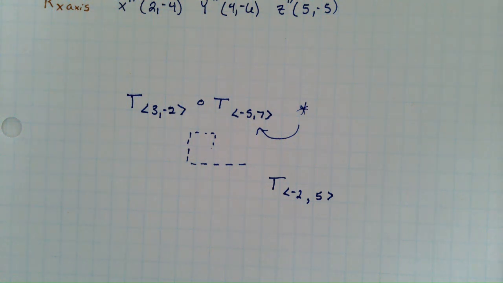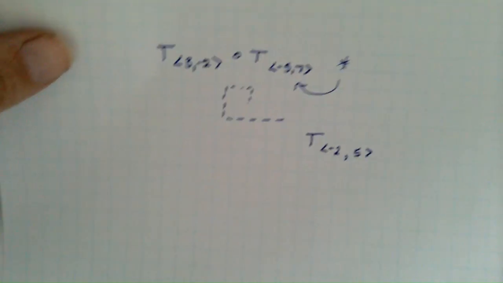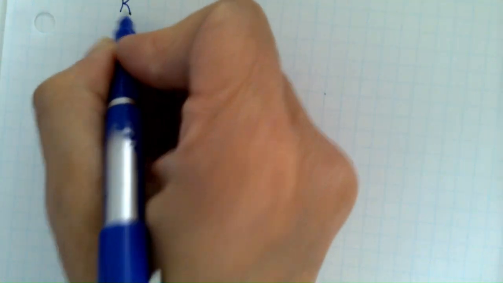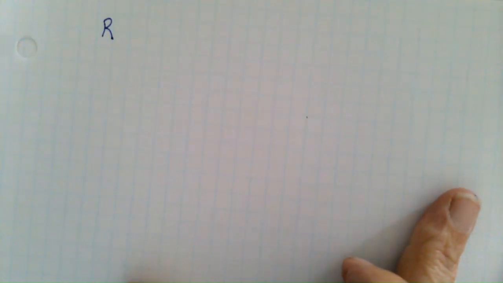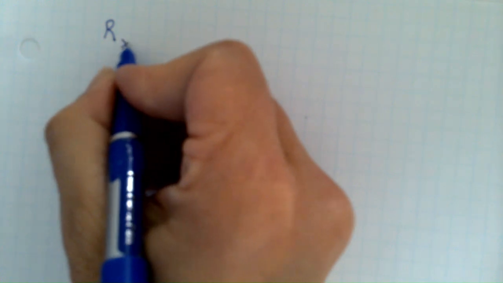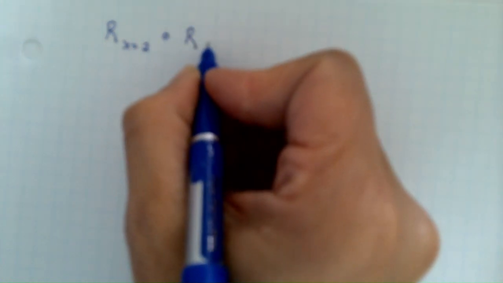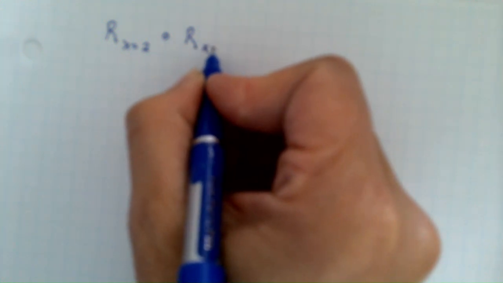Okay? So let's see what happens when we do one more composition and how it's going to affect and what we could have done instead. So we're going to do R, x equals 2 of R, x equals -1.